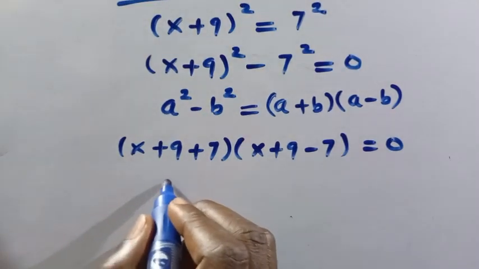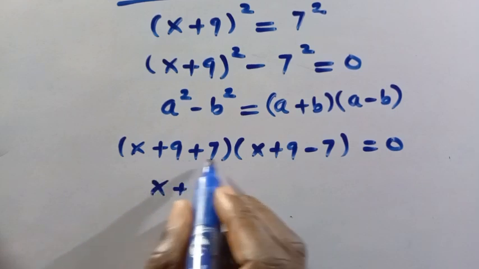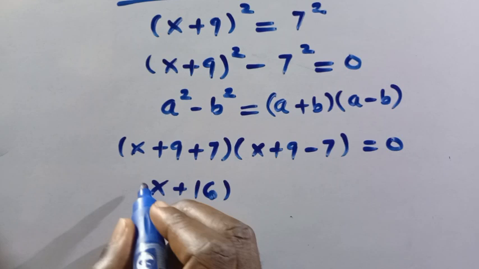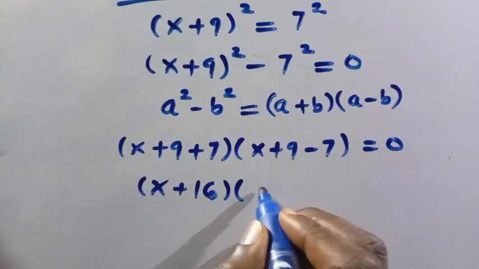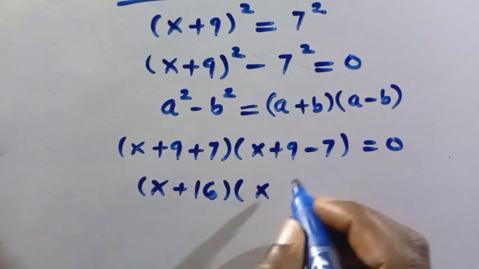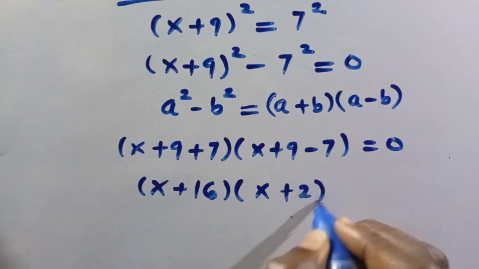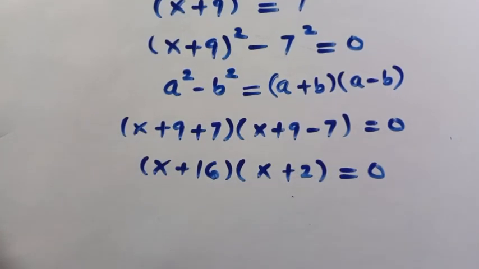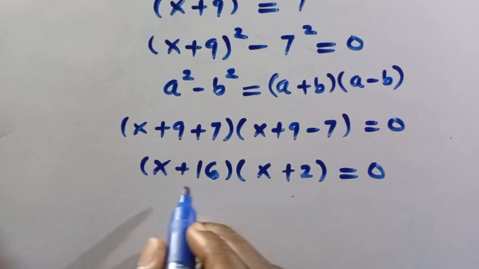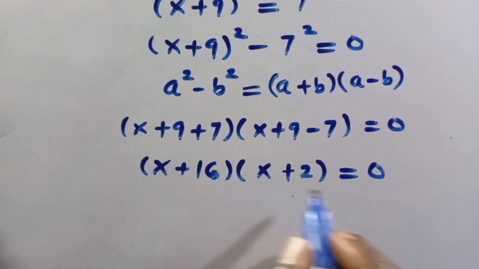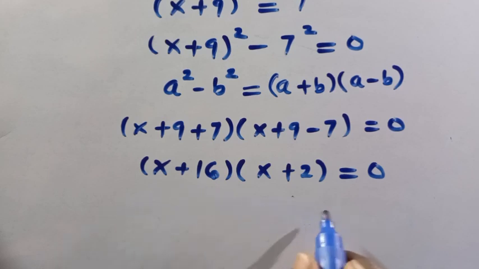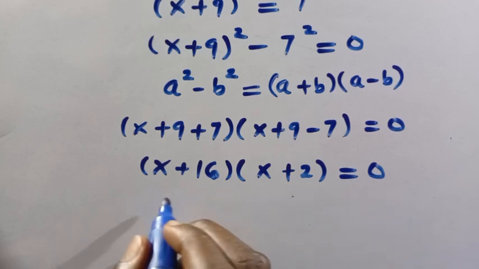Then with this, we have x + 9 + 7, and this gives us 16. Then (x + 9 - 7), that is x + 2, and this equals 0. So these are the two factors we have, x + 16 and x + 2. So we let each equal 0: x + 16 = 0, or x + 2 = 0.